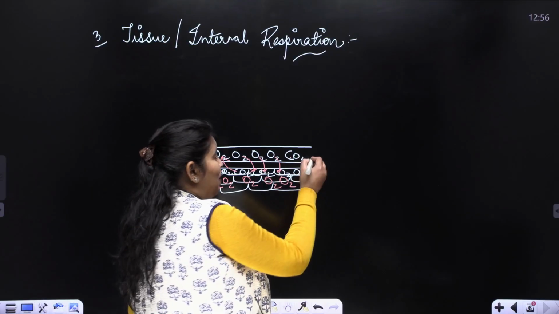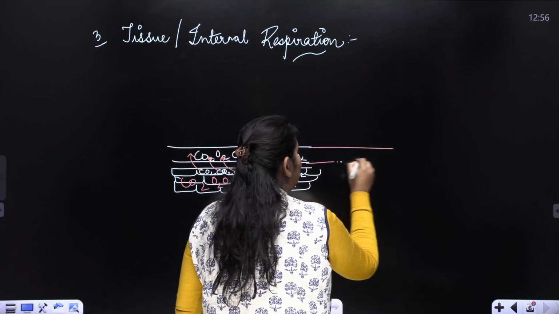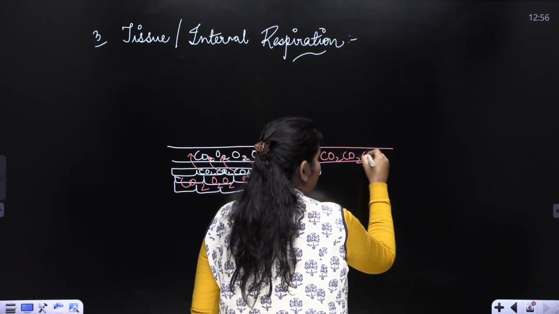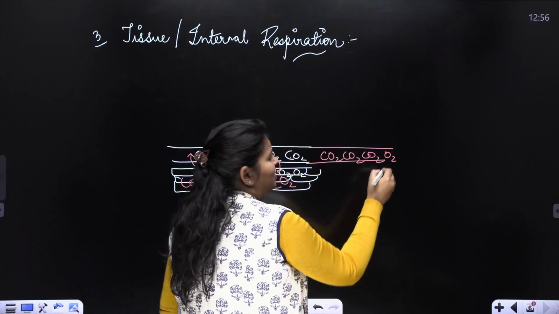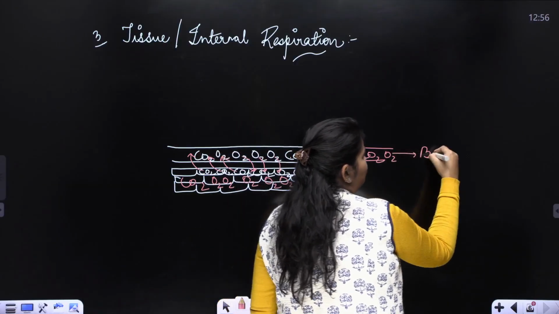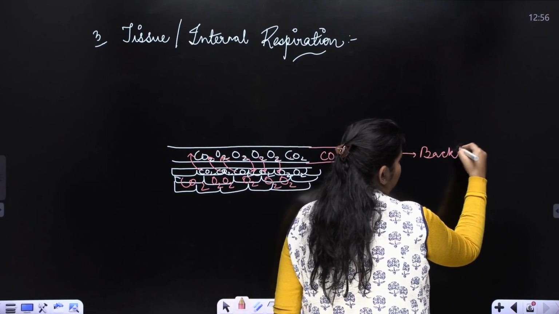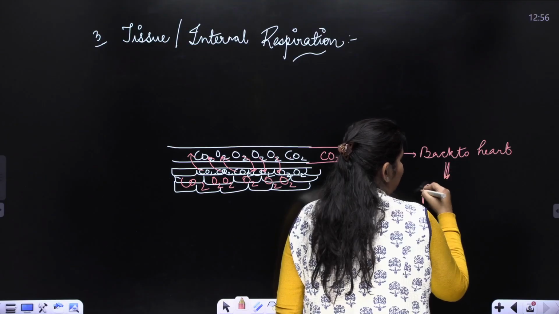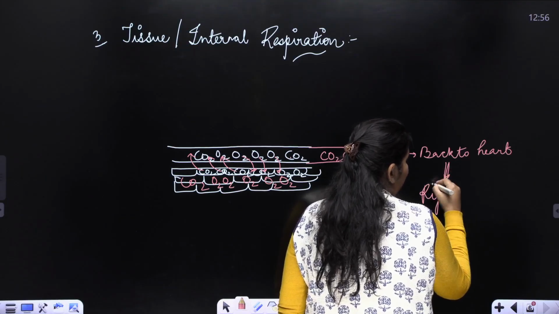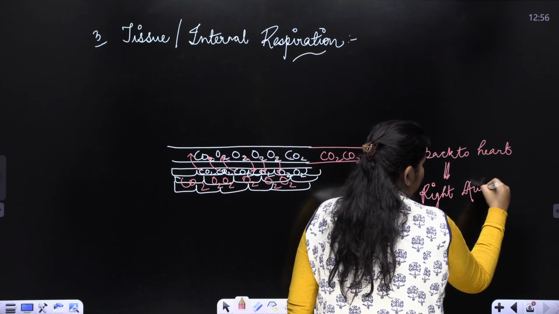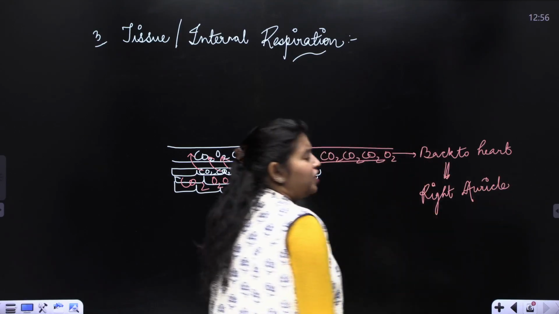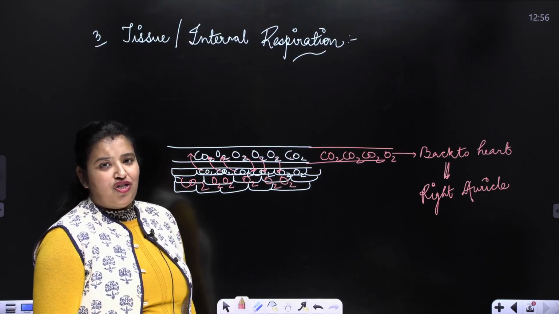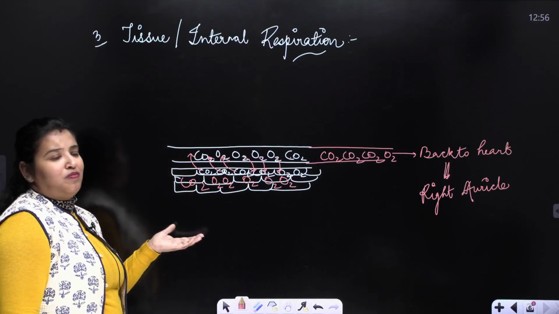That means the blood that is going to leave the tissue will have more carbon dioxide, little oxygen, and it is sent back to heart. Which part? The right auricle. It is sent to the right auricle, all right, for oxygenation. So this is tissue respiration.